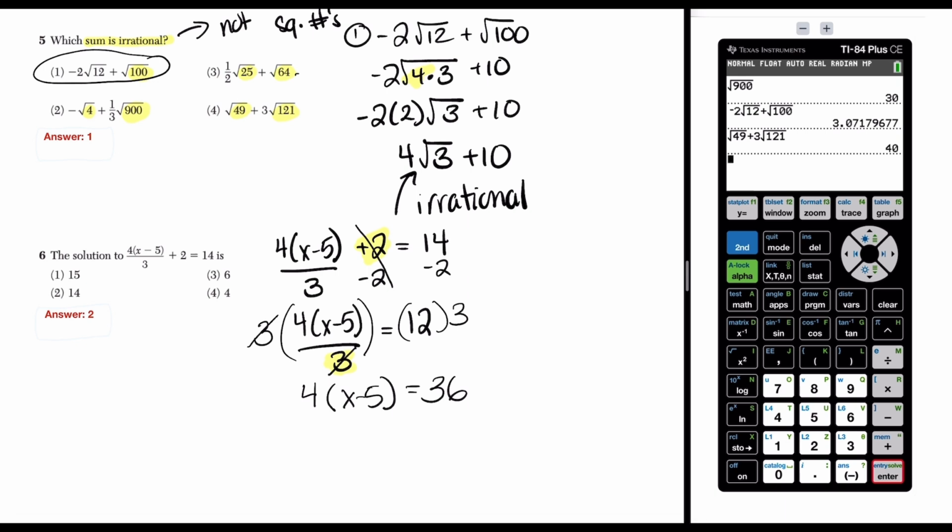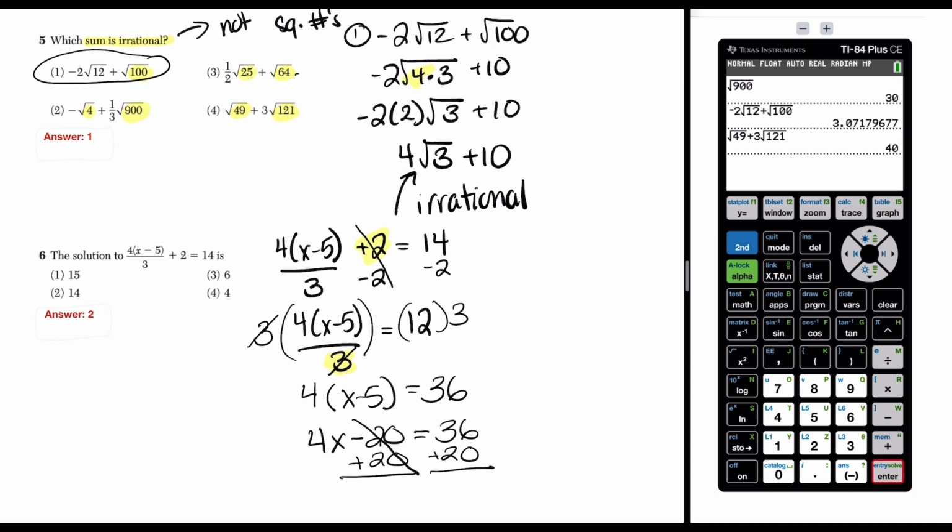So don't worry about that part. Just make sure this part is super clear. And all I did was multiply that entire term by 3, because that entire term was being divided by 3. Now I can distribute, and I get 4x minus, so 4 times -5 is -20. Okay. And now I'm going to make a 0 pair by adding 20 to both sides.